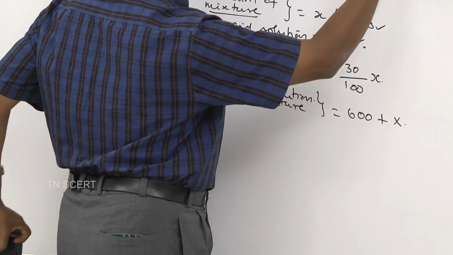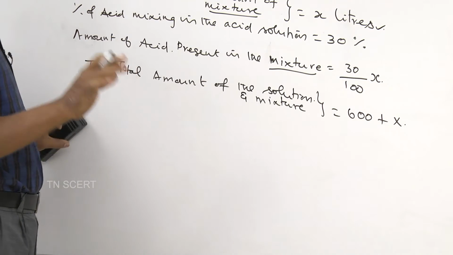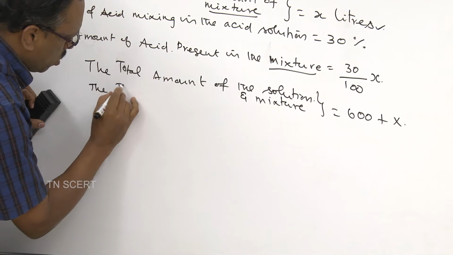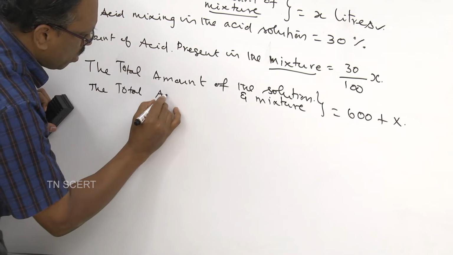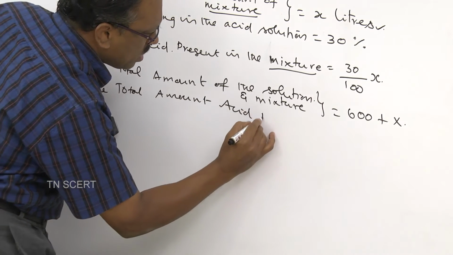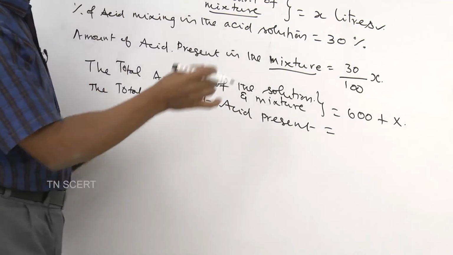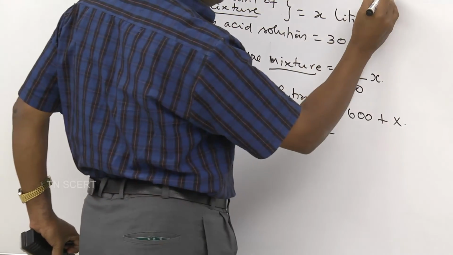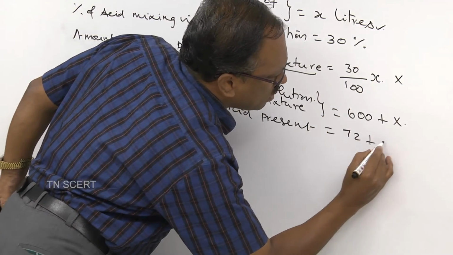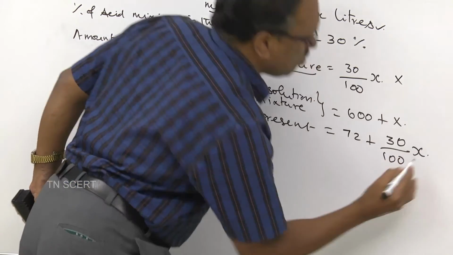See this amount as well, we add this up. Likewise, the total amount of acid present, how much is it? Now we have to add up this 72 and then this part. So 72 plus 30 by 100 x.